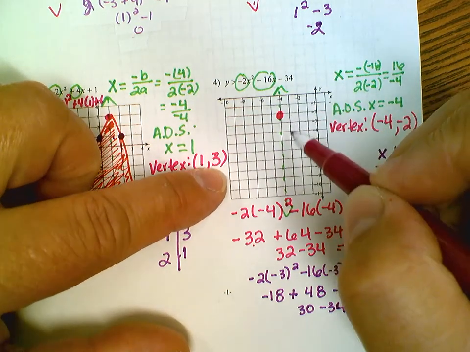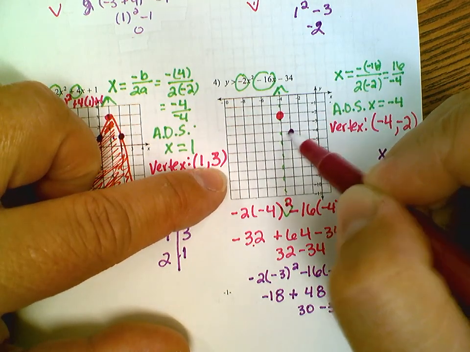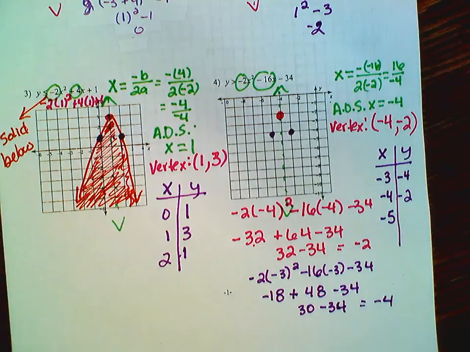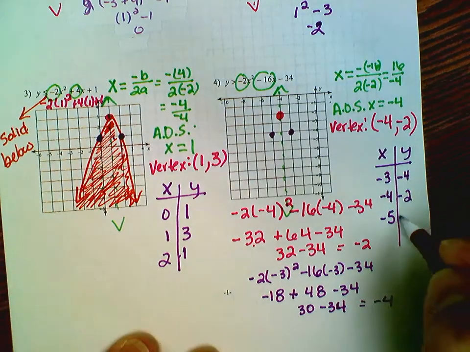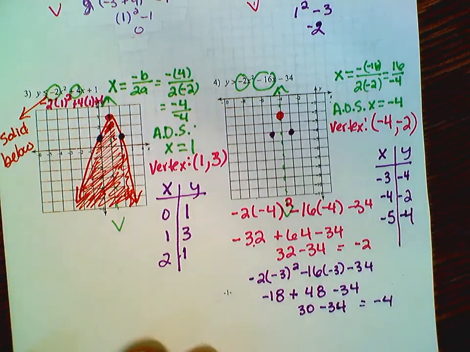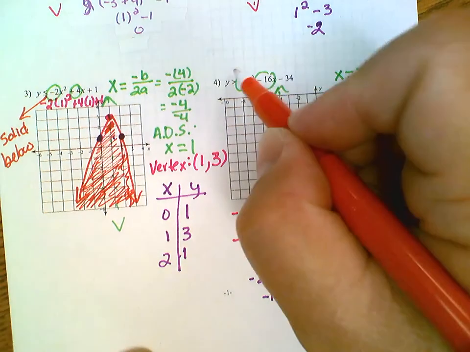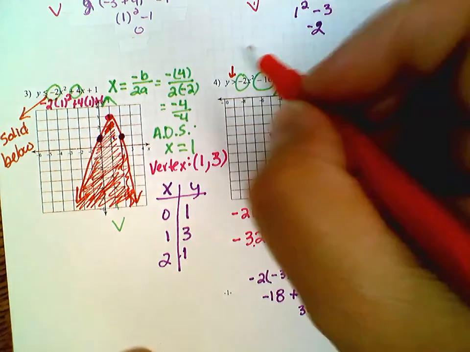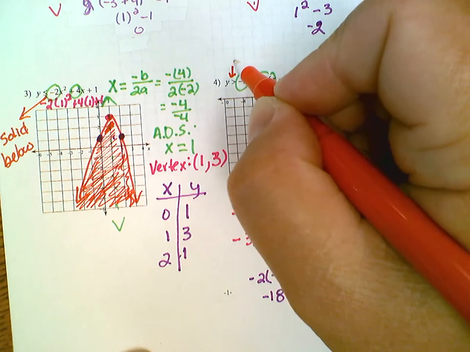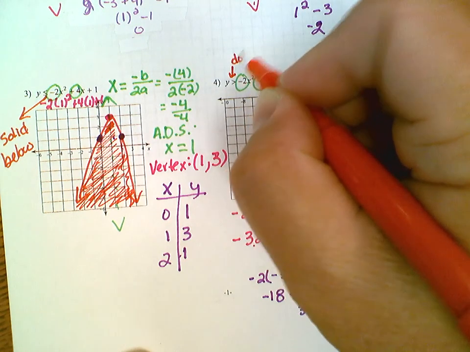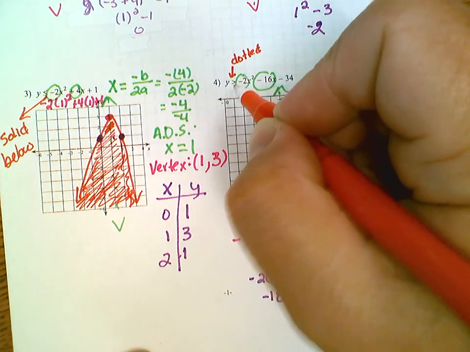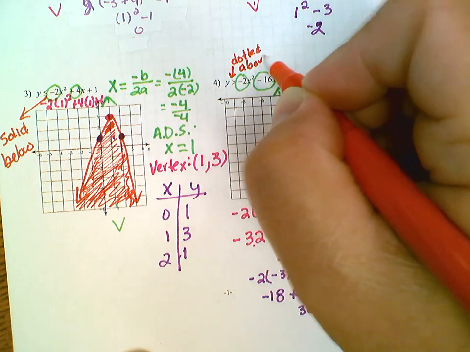So negative 3 down to negative 4 is here. Using my axis of symmetry, I get my other point. And then looking at my symbol, greater than, it's not equal to, so I use a dotted line. And greater than is above.